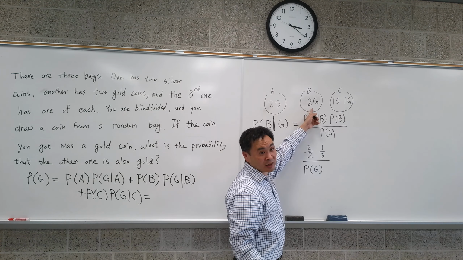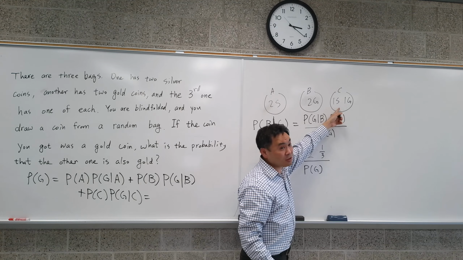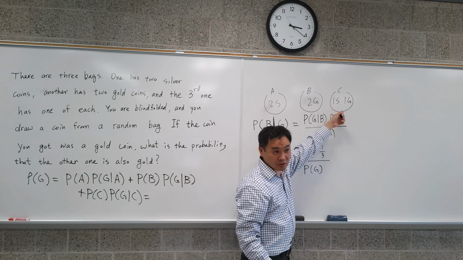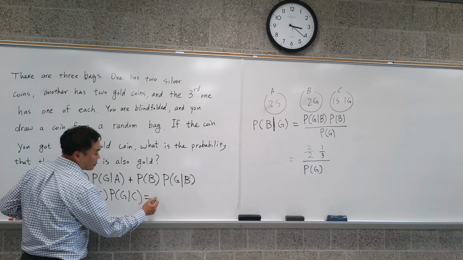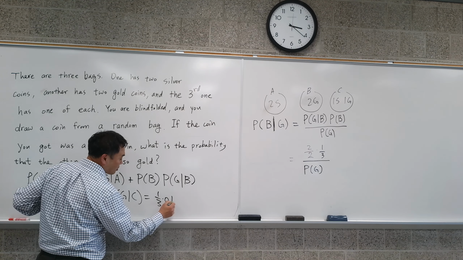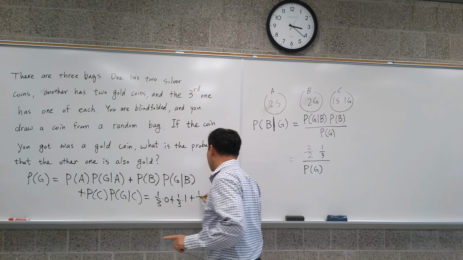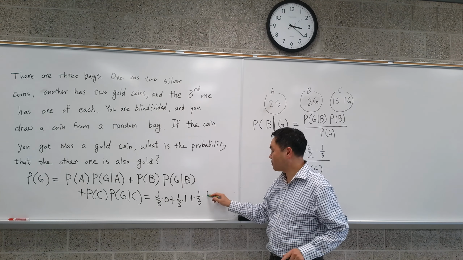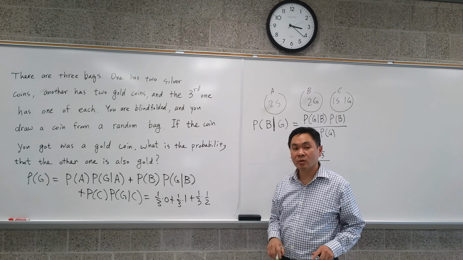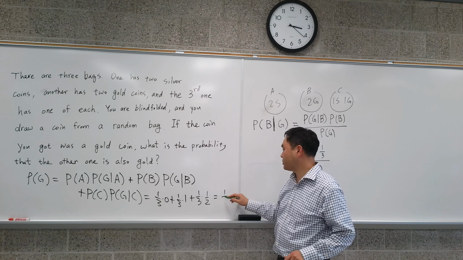Here, the probability of getting the gold is 100%, it's 1, and this is 1/2 because half the coins in here are gold. So you end up with 1/3 times 0 plus 1/3 times 1 plus 1/3 times P of G under C, which is 1/2. Okay. Now, if you do this calculation, you end up with just 1/2.